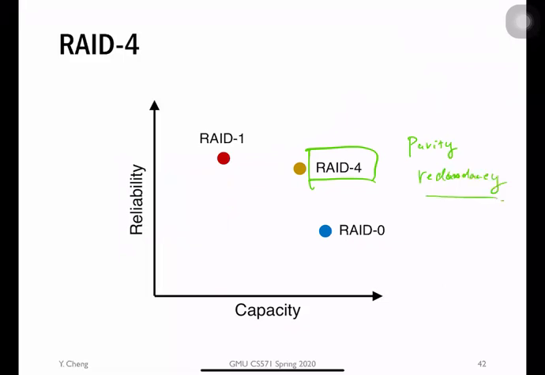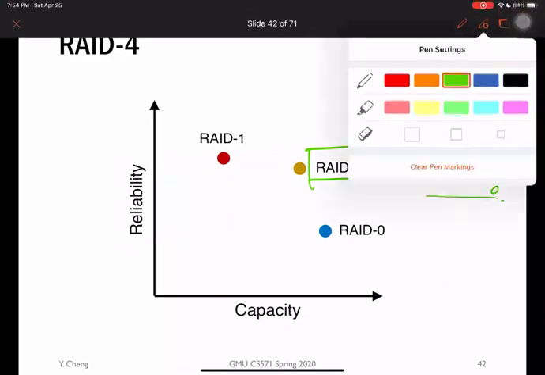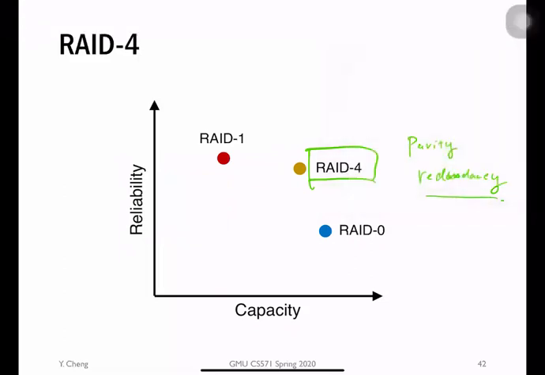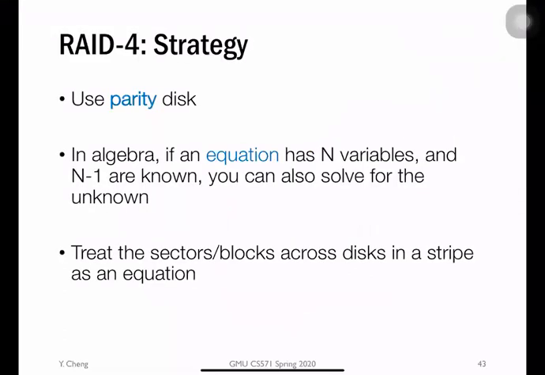Let's see how exactly it uses parity. So strategy-wise, again, as I mentioned, it does use a parity disk. Instead of using 4 disks, it introduces 1 more disk, which is the 5th disk, which is solely used for storing data parity. But what exactly is parity?